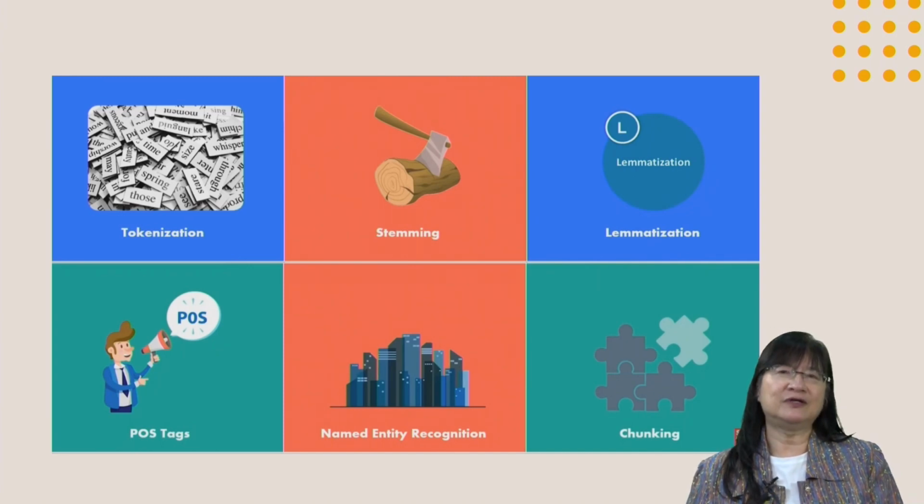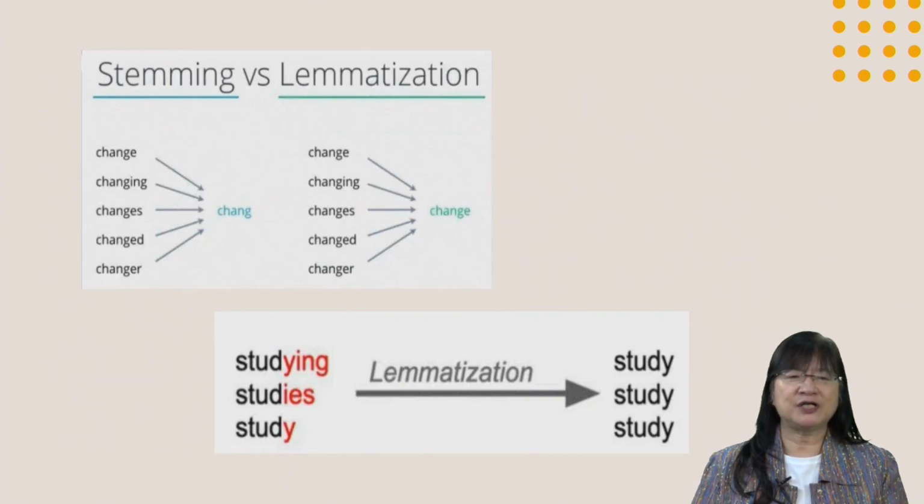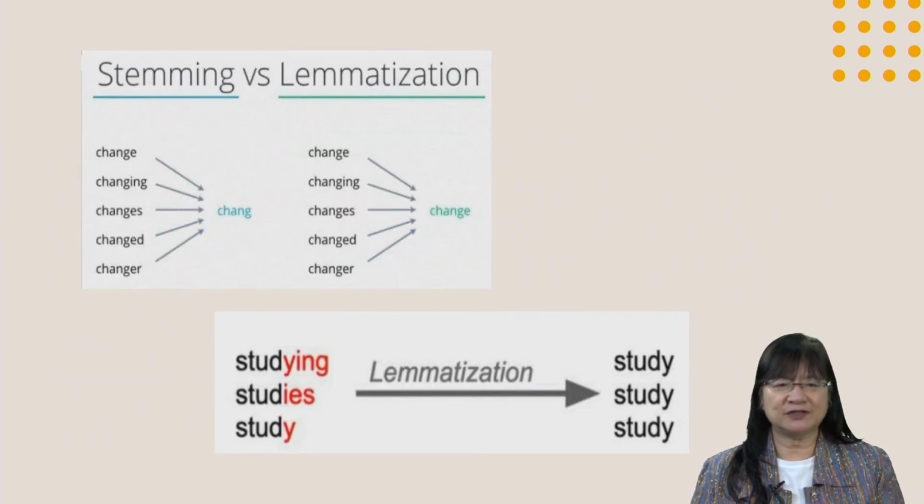All right, if you learn about this, remember these terms. Tokenization is to find out how many words we use in a sentence. And stemming and lemmatization are two ways for you to check words. For example, change, changing, changes, changer: those words actually have one stem, C-H-A-N-G, with -ing, -es, -ed, -er, okay?